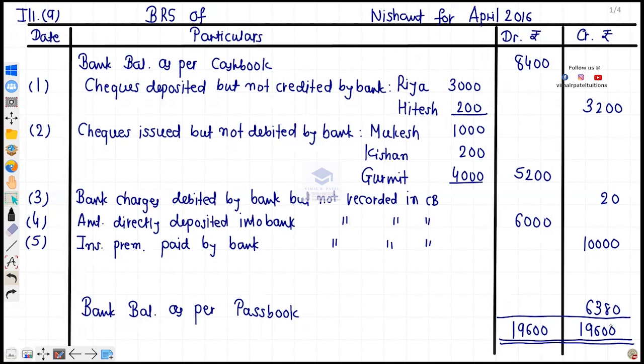The transaction having entry both in cash book and passbook will not affect DRS. So those transactions will not be considered. Then on debit side of cash book, check deposited but not credited. On credit side, check issued but not presented for payment or not debited. Same way, you have to look the transactions which are in passbook but not recorded in cash book. Clear?